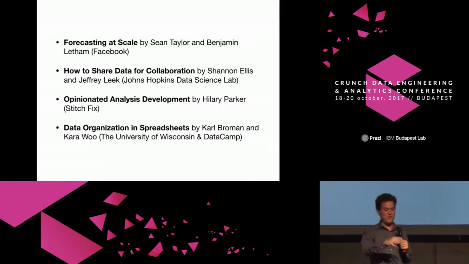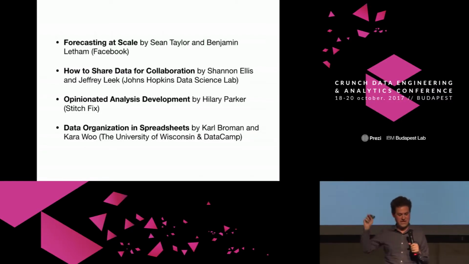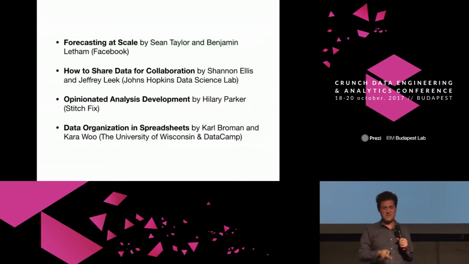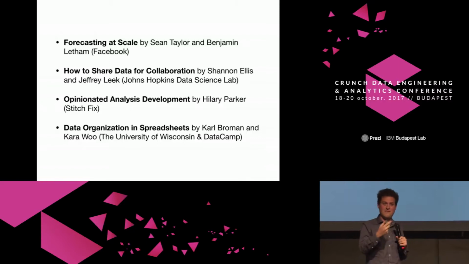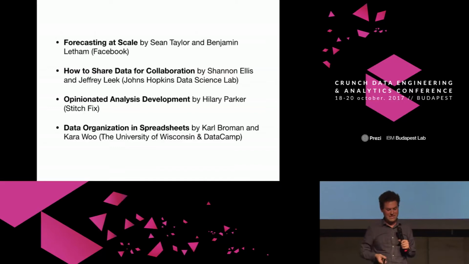Four that I can recommend more highly than mine is this paper, Forecasting at Scale, by Sean Taylor and Benjamin Letham, and they're from Facebook. Another thing that you'll find out if you go look at this collection is that a lot of the papers are written by people who work in corporations, just to give you an idea of who their audience is, in other words, the business community. How to Share Data for Collaboration by Shannon Ellis and Jeff Leek.